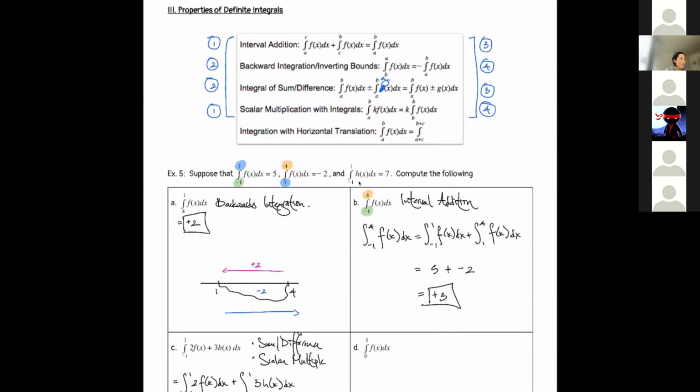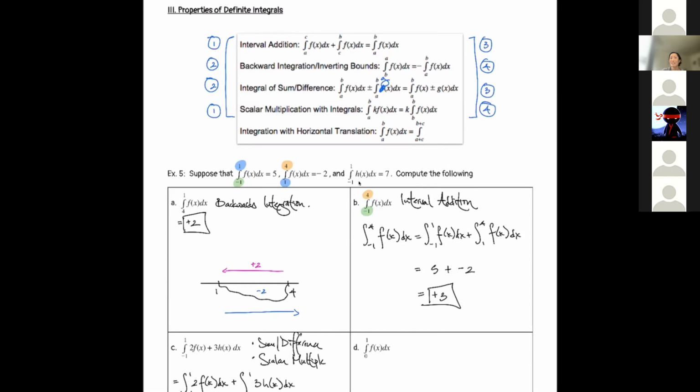Any properties jumping out at folks for D? All right. Well, if there are no ideas, then I would encourage you to look in your textbook, see what you can read up about this.